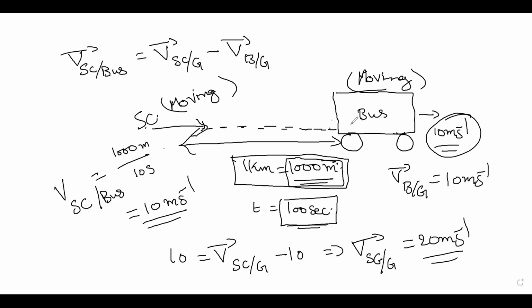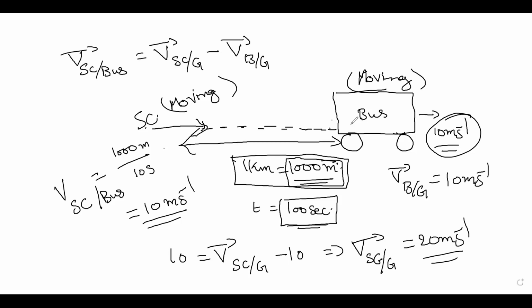Okay. First part. Now the scooterist wants to overtake the bus. That means the scooter is moving with some velocity, and the bus is moving with some velocity initially. Are you getting me? Yes, sir. So when they are moving with some velocity initially, they are maintaining a distance of 1 kilometer between these two.